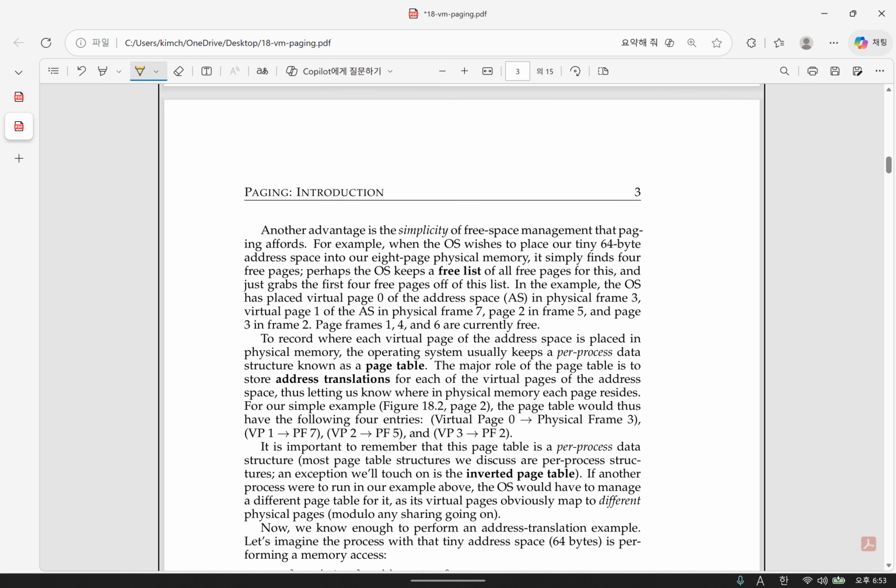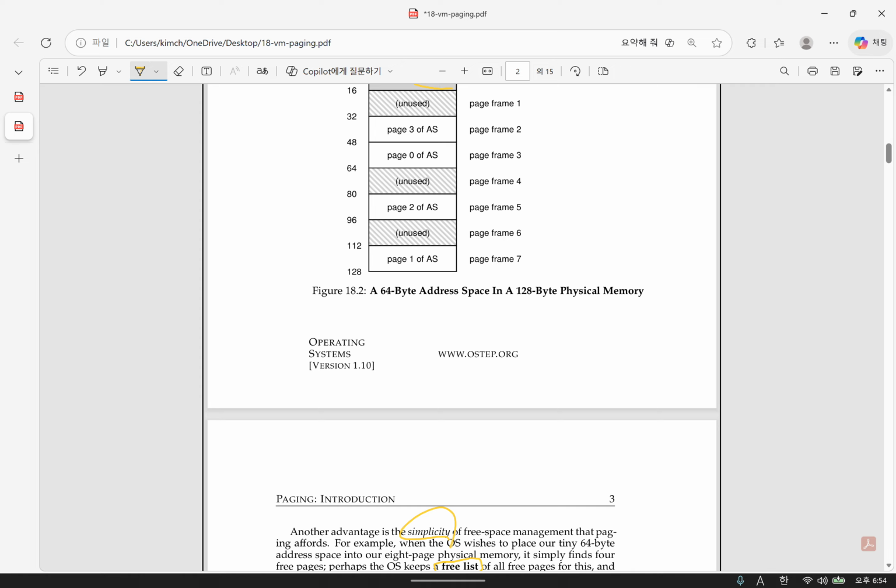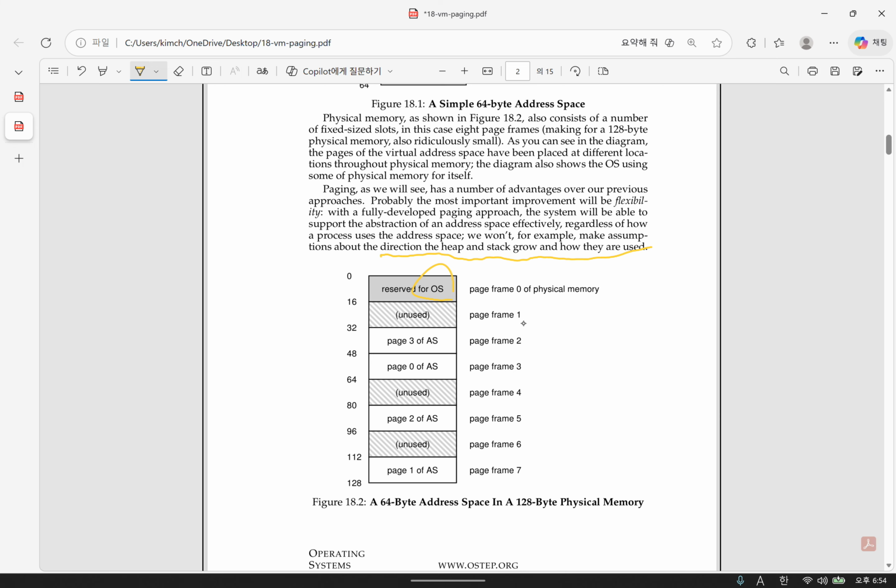So that's flexibility. And another advantage is simplicity. It's actually really simple because there's just a free list of all the free pages. For example, here we have free pages 1, 4, 6.